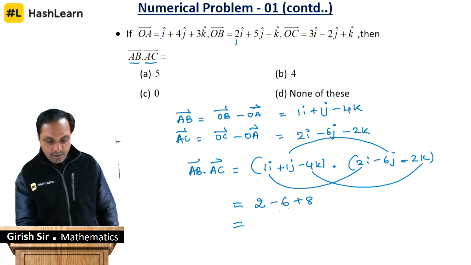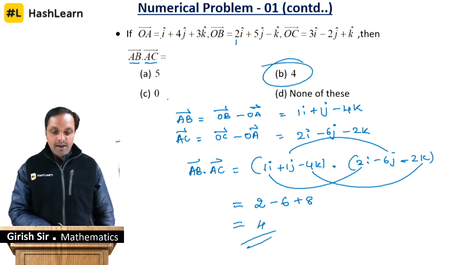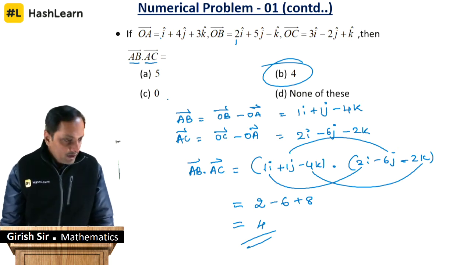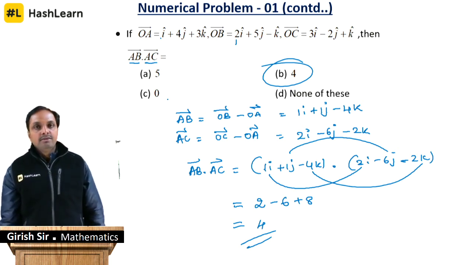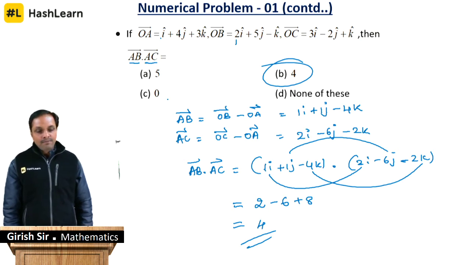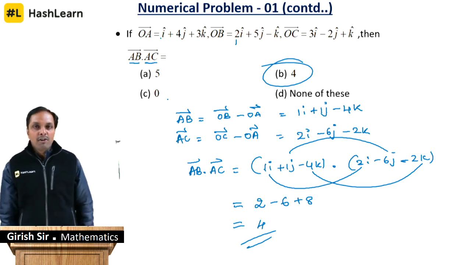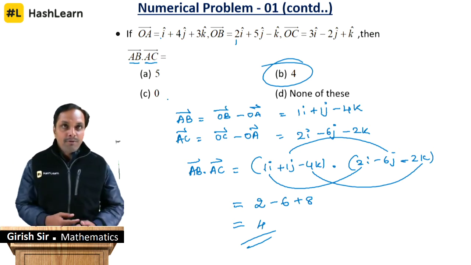So our answer is 10 minus 6, which is 4, which is there in option B, and that is your answer. So AB dot AC is a value, a scalar. 4 is the answer, which is there in option B. Hope you all followed the problem. So get ready for the next numerical.